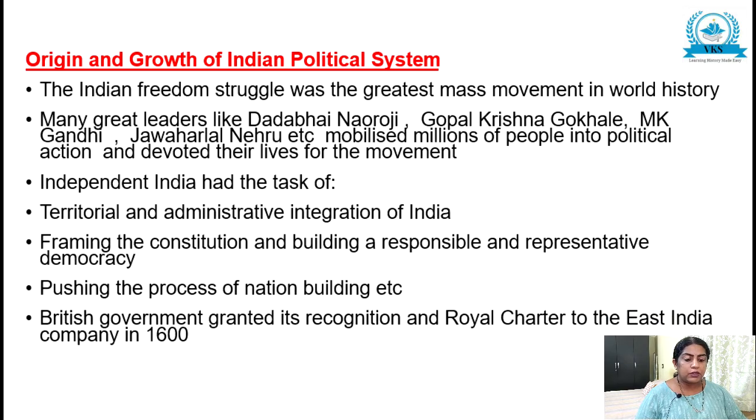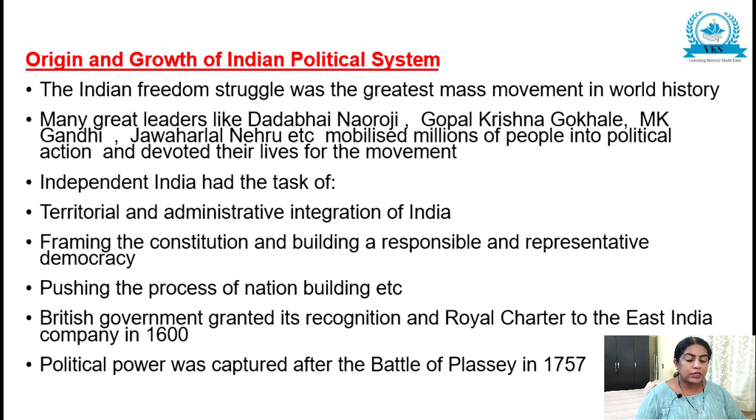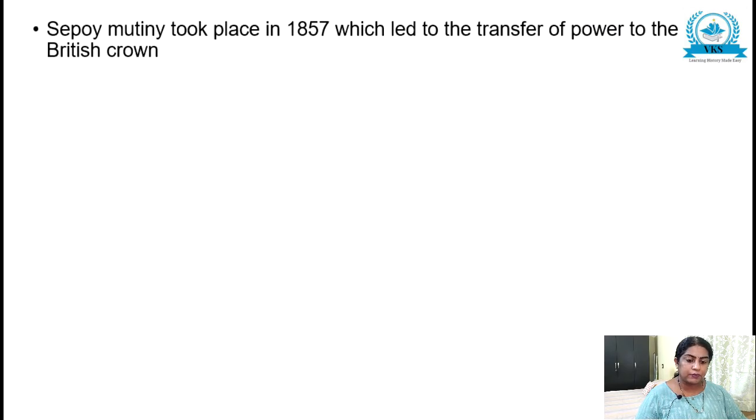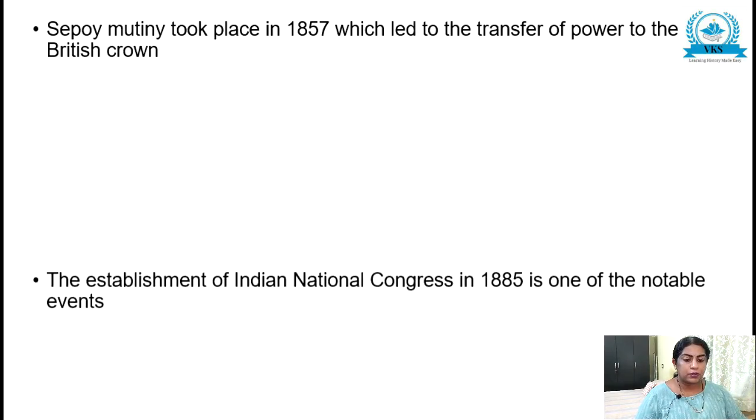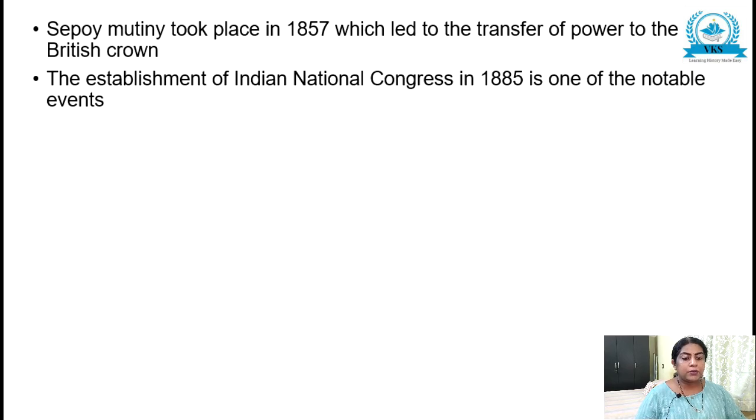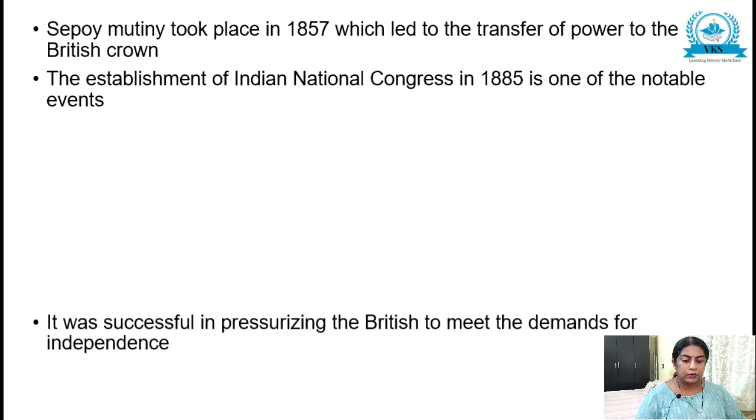The British government granted its recognition and royal charter to the East India Company in 1600. Political power was captured after the Battle of Plassey in 1757. The Sepoy Mutiny took place in 1857, which led to the transfer of power to the British Crown. The establishment of the Indian National Congress in 1885 is one of the notable events.